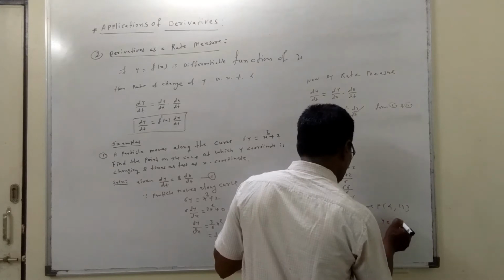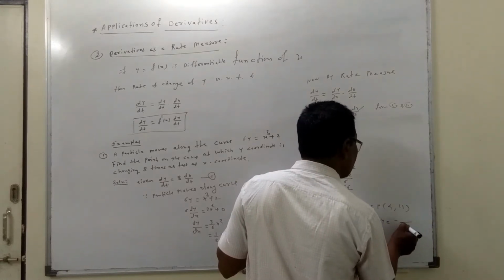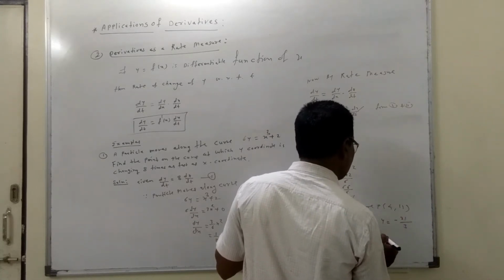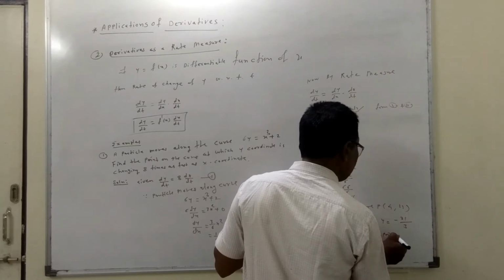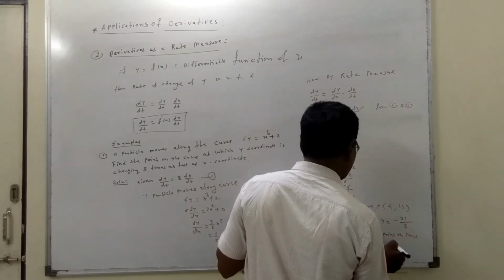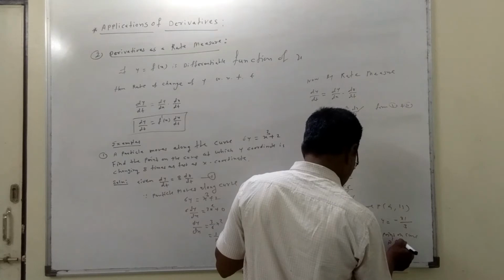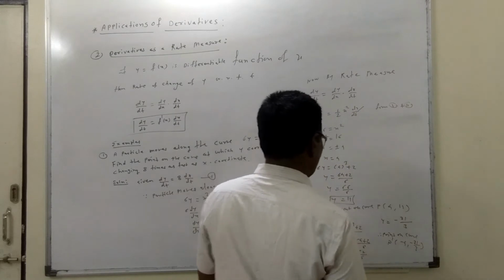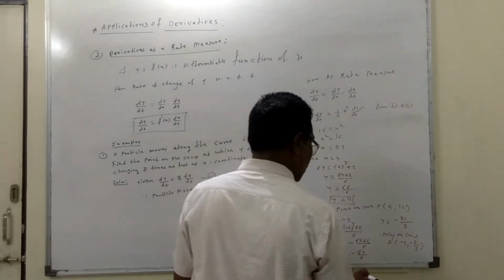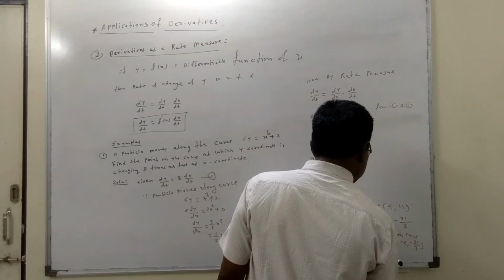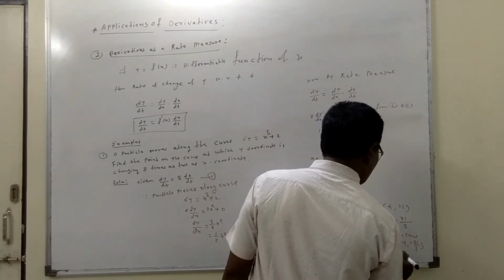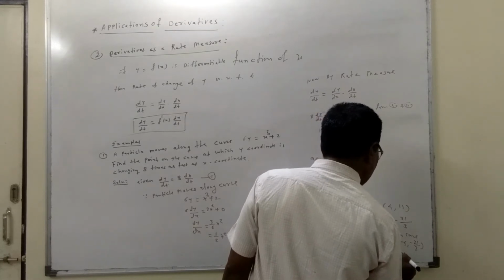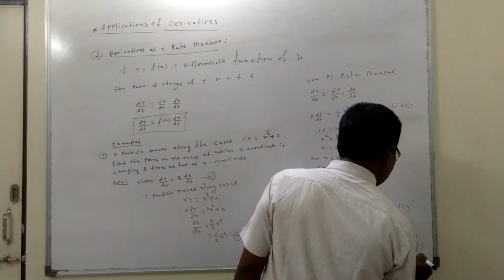So y is equal to minus 31 upon 3. So the point on the curve P dash is (minus 4, minus 31 upon 3). So 2 points we are getting on the curve. Therefore the points on the curve are (4, 11) and (minus 4, minus 31 by 3).